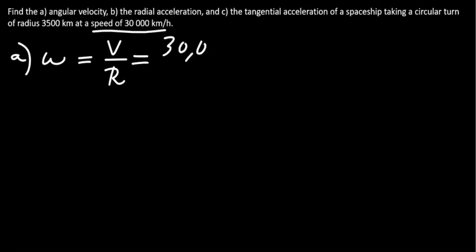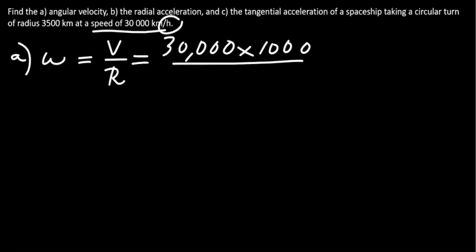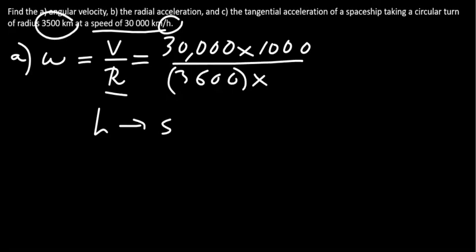So let's change that into meter per second. First change the kilometer to meter, multiply that by 1,000, and then divide that by 3,600. You do that because you want to change the hour to seconds. And then you divide by the radius, which is 3,500 kilometers.